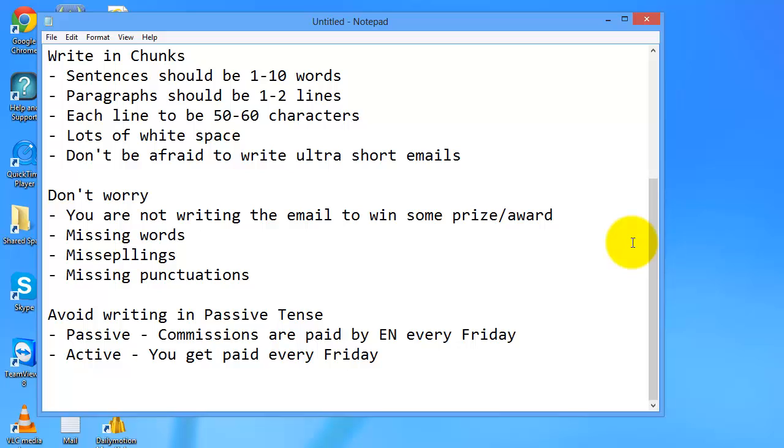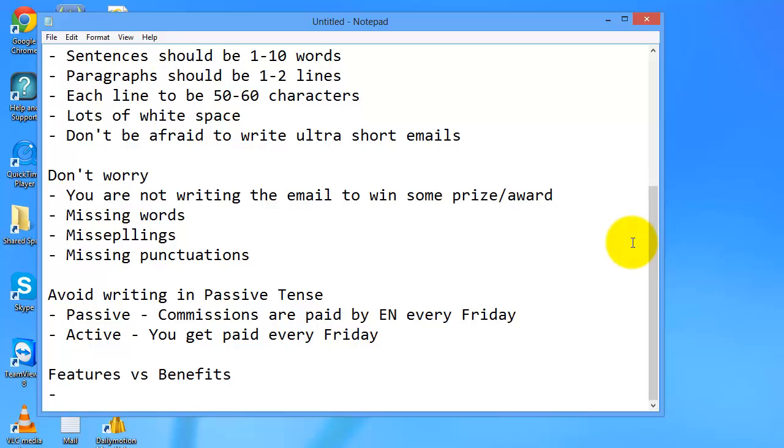One thing always remember is that when you are trying to sell something, you should always talk about benefits and not features. So basically, features versus benefits, because everyone looks for the benefits that they will get by joining your team or by buying the product from you, and they are not really that interested in the features, right?